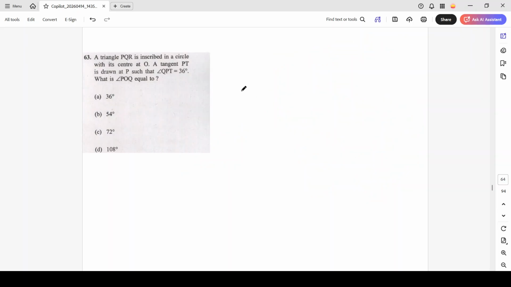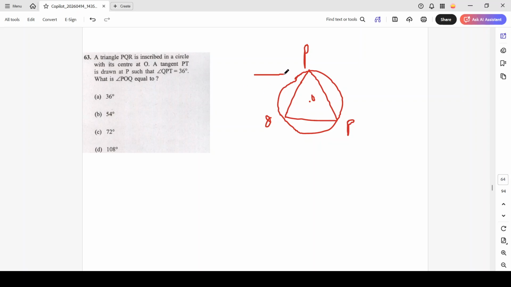Now move on to the next question. A triangle PQR is inscribed in a circle. There is a circle, okay, and there is a triangle PQR inscribed with center O. A tangent PT is drawn at P. Suppose this is PT, drawn at P such that angle QPT is 36.